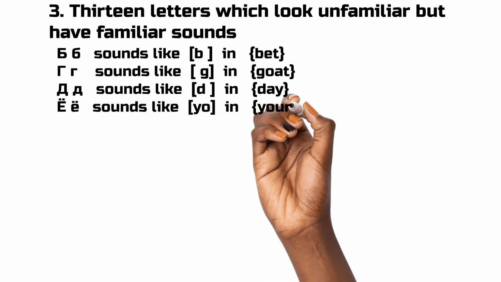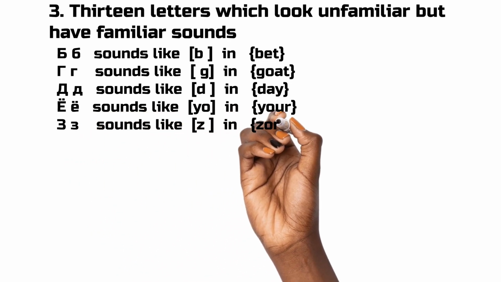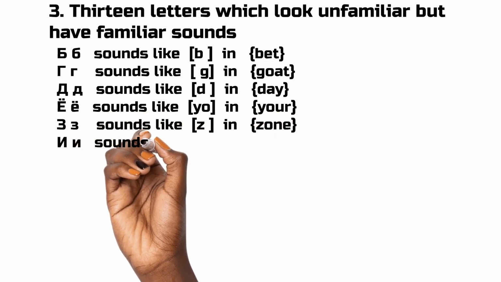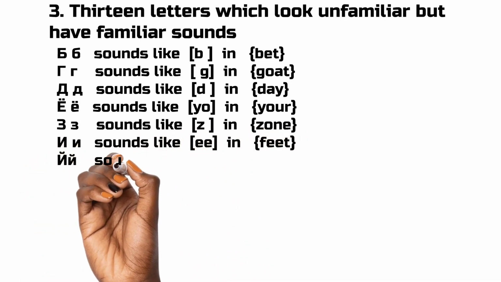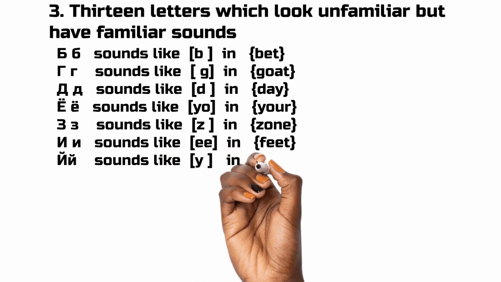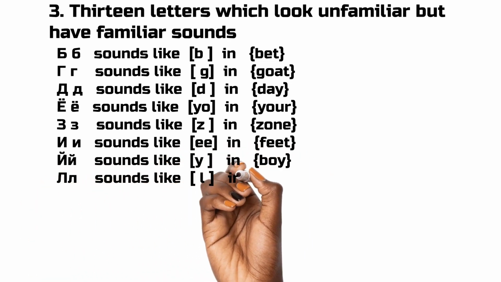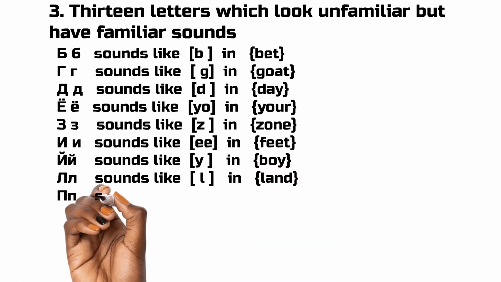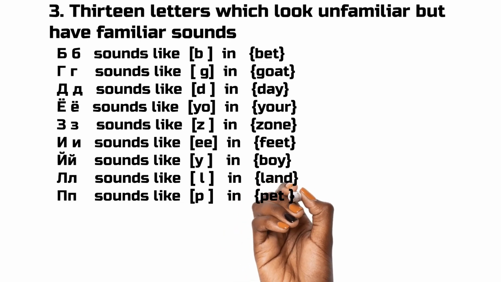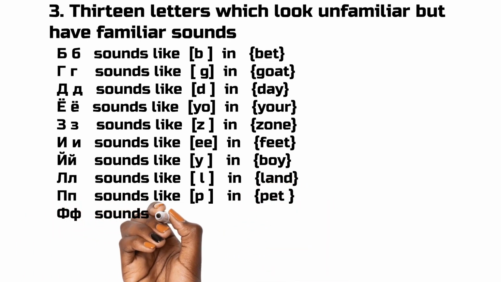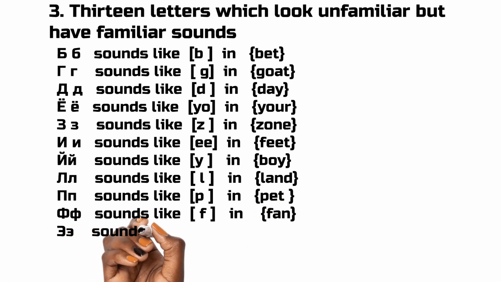D sounds like D in day. Y sounds like Y in yo. Z sounds like Z in zone. E sounds like E in feet. E sounds like E in boy.